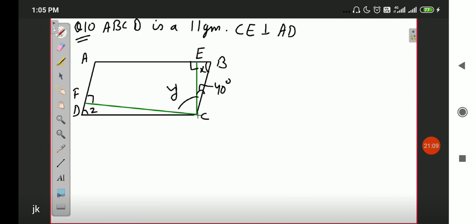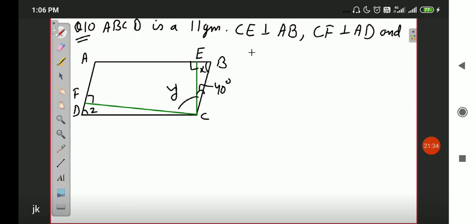CE is this line. This line CE is perpendicular to AB. I have written AD. This is AB. CF is perpendicular to AD. From point C, there is CF that is also perpendicular to AD. That means angle E and angle F are both 90 degree.